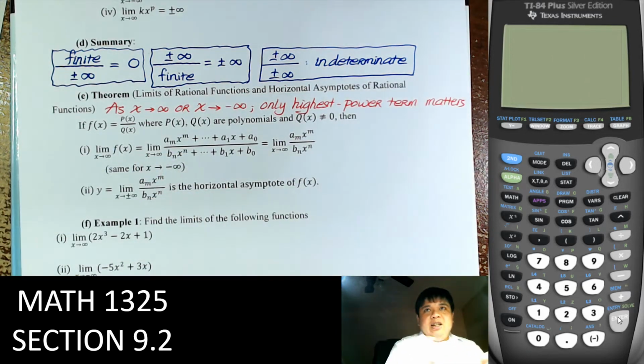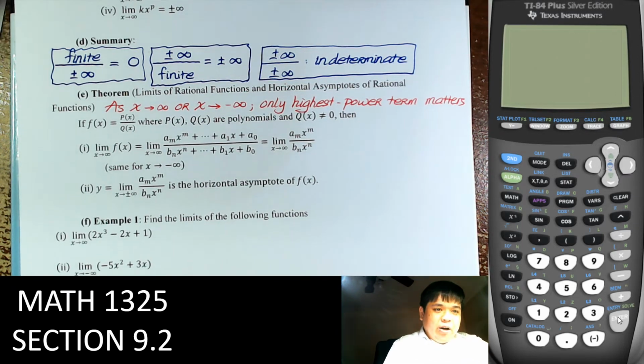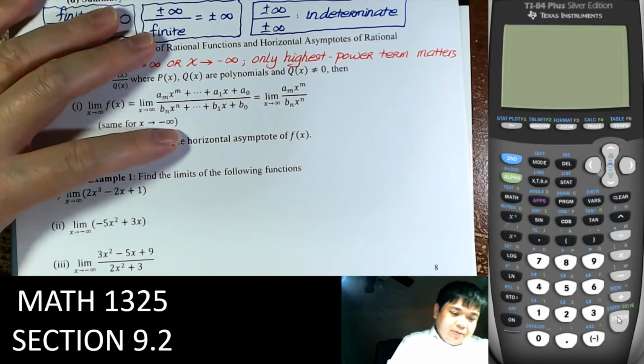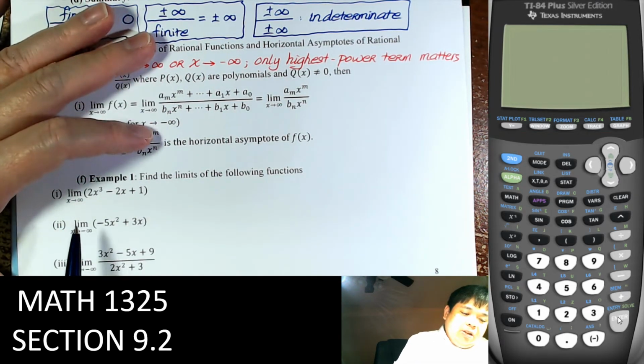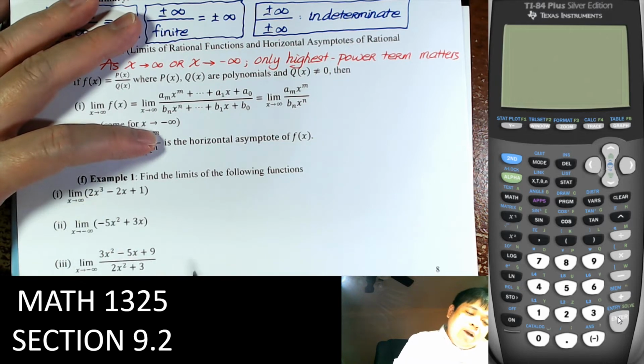And after that, we simplify. You see how it goes. Now let's find the limit first, and then we find the horizontal asymptote. We have a polynomial here, right? The one with the highest power term matters.